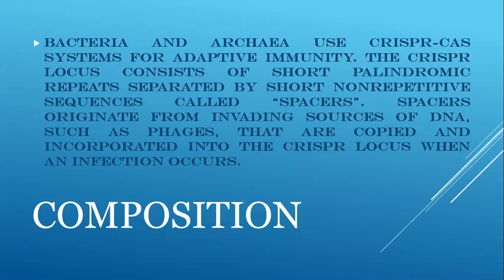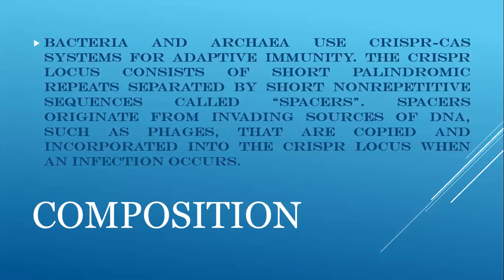If you go to the evolutionary history, the system already existed in nature within bacteria and archaea. They use this CRISPR-Cas system for adaptive immunity. This CRISPR locus consists of short palindromic repeats, and these repeats are separated by short non-repetitive sequences.